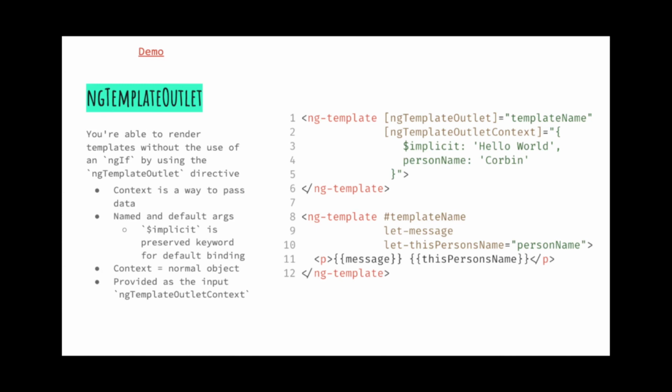We also have the ability to have something called context. Much as a function has the ability to pass in inputs, we have the ability here to pass in arguments of sorts into a template. So it uses ngTemplateOutletContext to provide an object. This object has a set of key-value pairs.